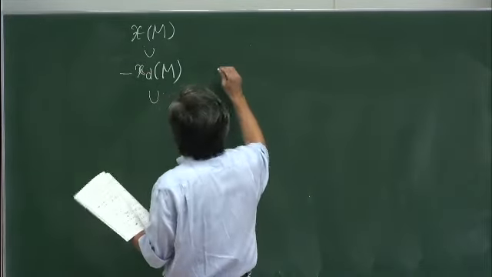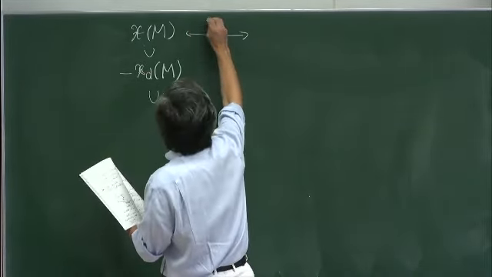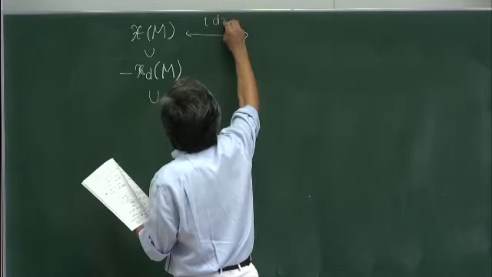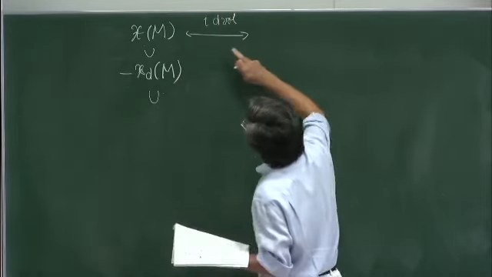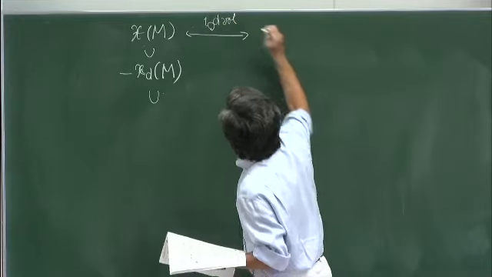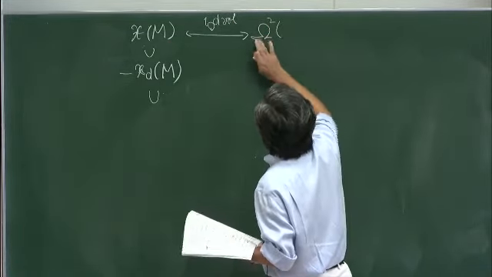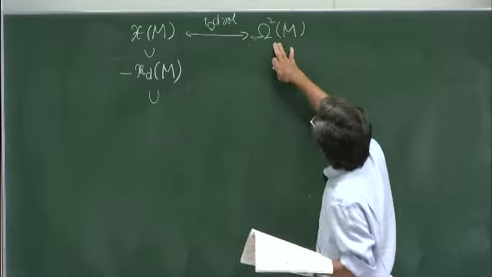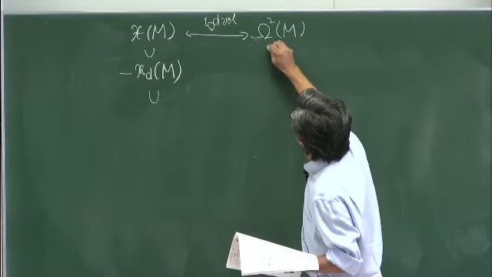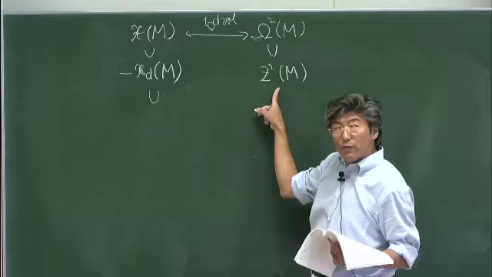Here is the first point: if you fix a volume form on the three manifold, and plug the vector field in here, then the vector field corresponds to two-forms on the manifold. This denotes the two-forms, and here is the closed two-forms on the manifold.